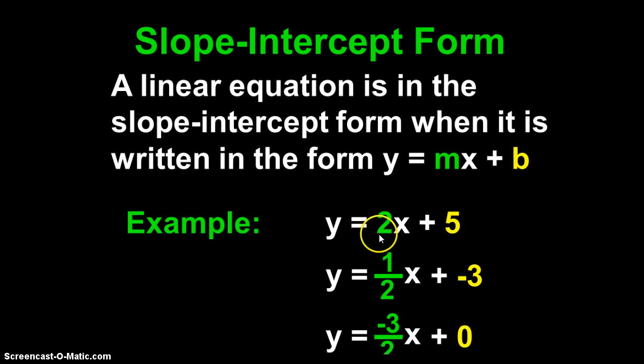So in all these three equations, this is the slope. In the first equation, 2 is the slope, in the second one, 1/2 is the slope, and in the third one, negative 3 over 2 is the slope, while in the first equation 5 is the y-intercept, negative 3 is the y-intercept in the second one, and 0 is the y-intercept.